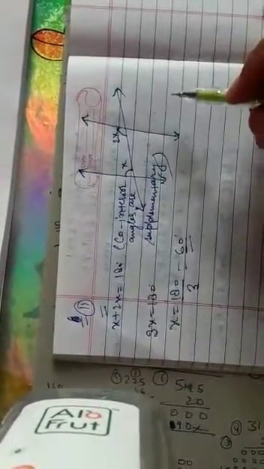You can write co-interior angles are supplementary. So 3x is equal to 180 degrees. Now x is equal to 180 degrees upon 3. This is 60 degrees. So the unknown angle x you can get in this way.